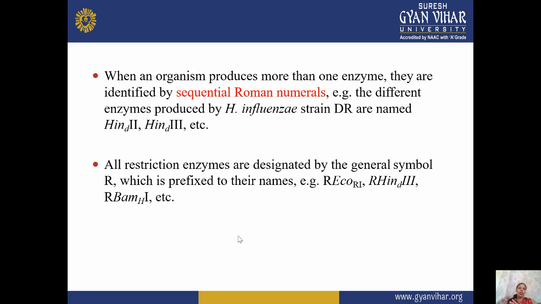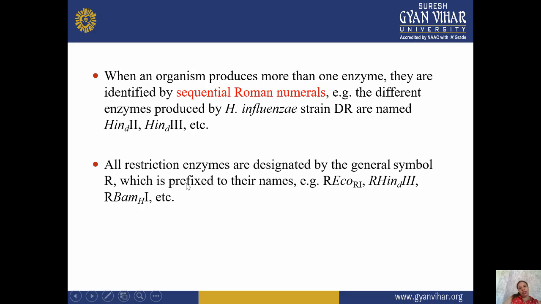If two or three enzymes are produced by the same organism, like H. influenzae or E. coli giving two or three enzymes, how will we name them? Generally we identify them by sequential Roman numerals. The one which evolved first we give the name 1. Here you can see Hin, H. influenzae 2, which is the second one evolved. After that, if another one comes, we give it the name 3. So it is like that.